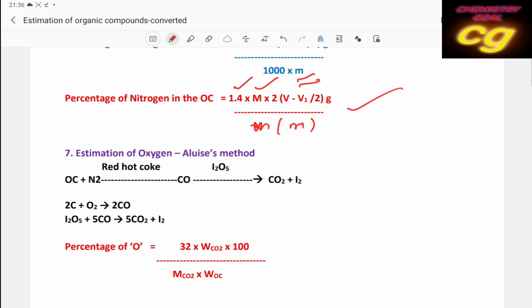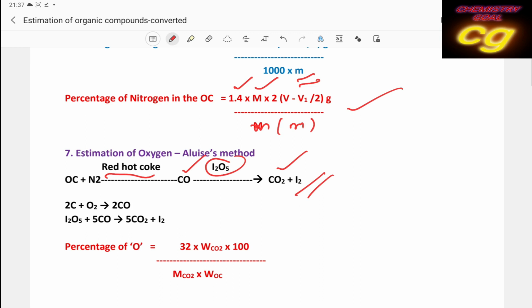The organic compound reacts with carbon, and the oxygen is converted to carbon monoxide, because we have taken red hot coke. Then carbon monoxide, when it reacts with I2O5, iodine pentoxide, is converted to carbon dioxide and iodine.